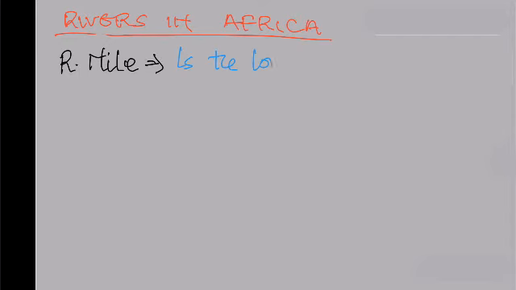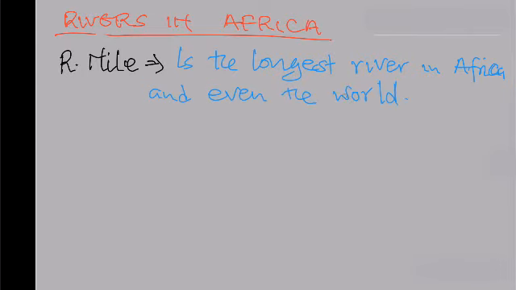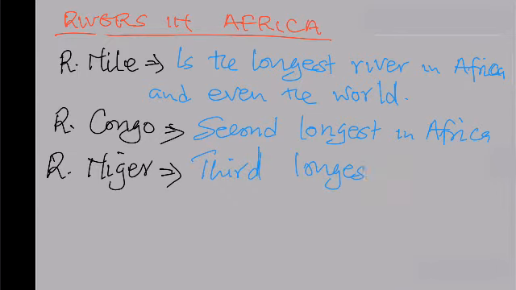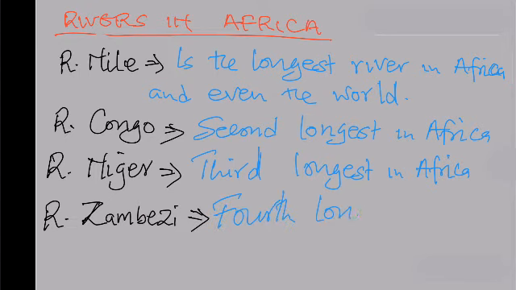River Nile is the longest river in Africa and also the longest in the world, if not second to Amazon River. And then we also have River Congo, which is second longest. And then River Niger. And finally, River Zambezi, which is coming up at number 4. Of course, we'll look at some of them in detail, but that is coming up later.